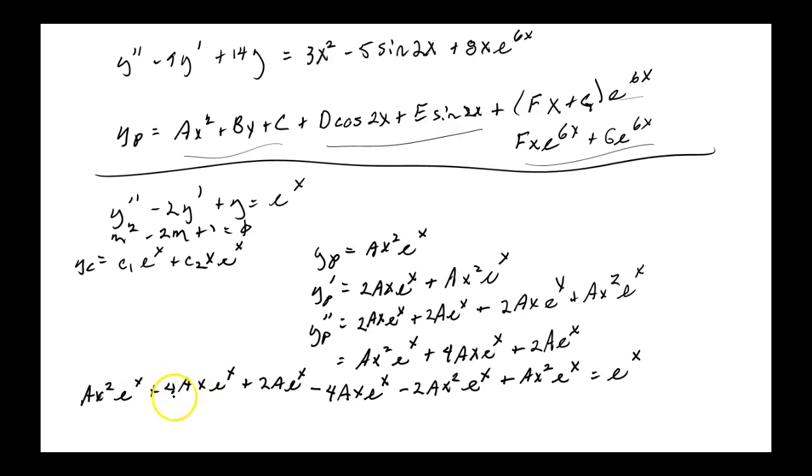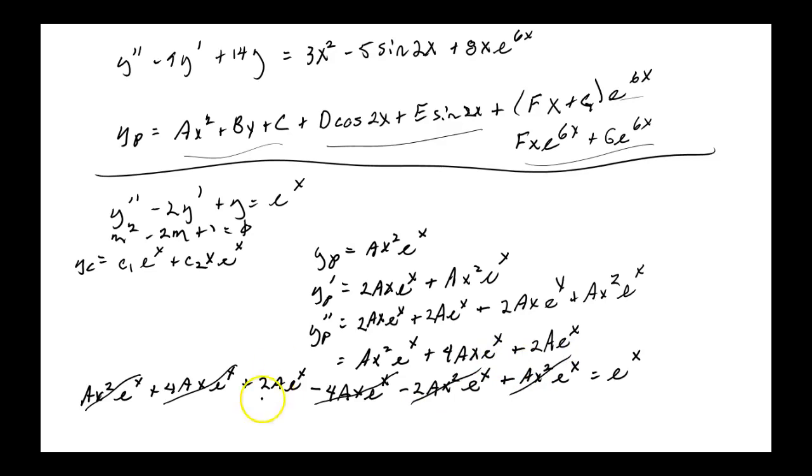Okay, here's a 4ax e to the x and a minus 4ax e to the x. Very good. That one and those two, you got 2ax squared e to the x minus 2ax squared e to the x.